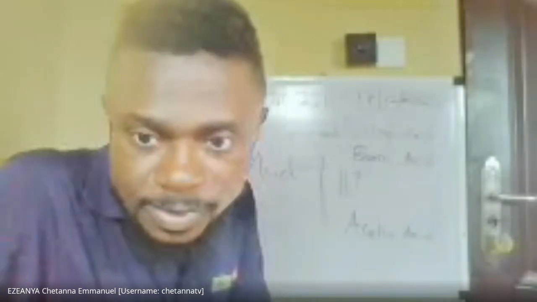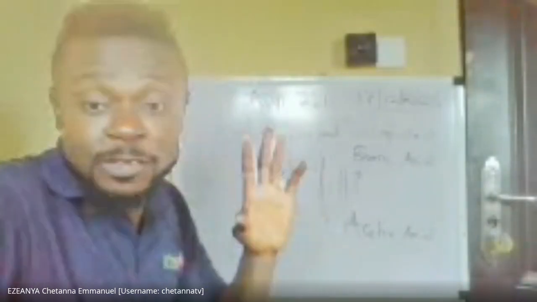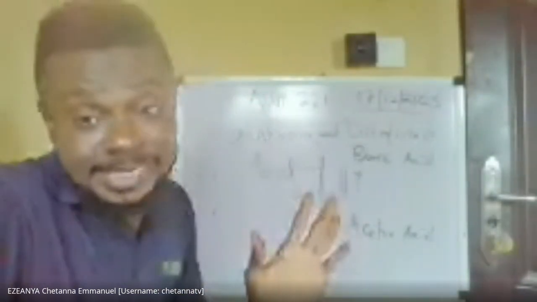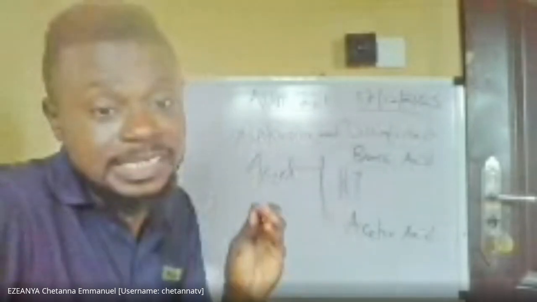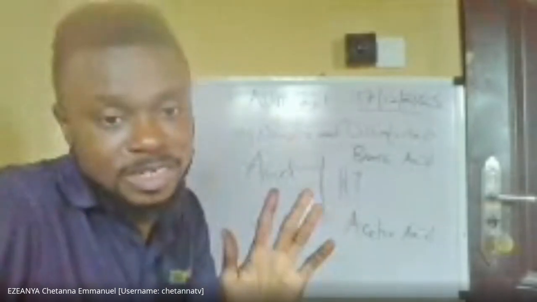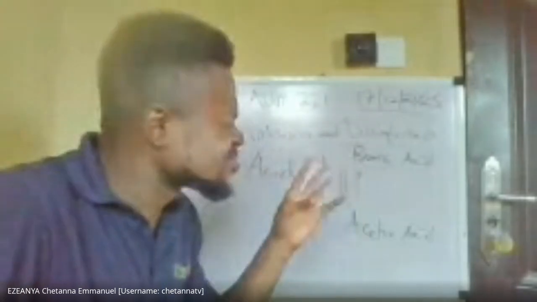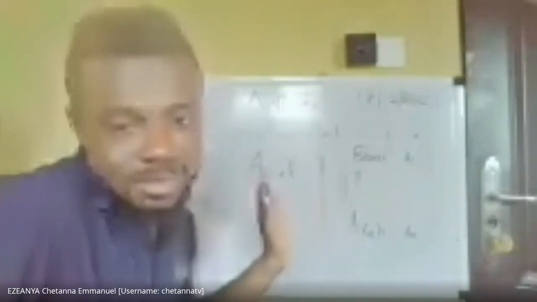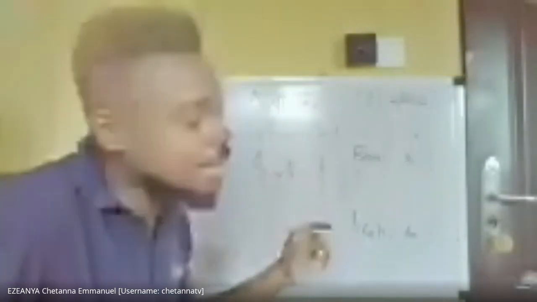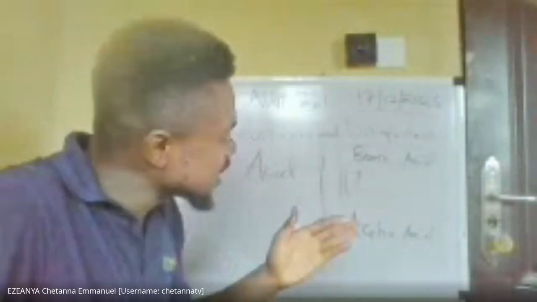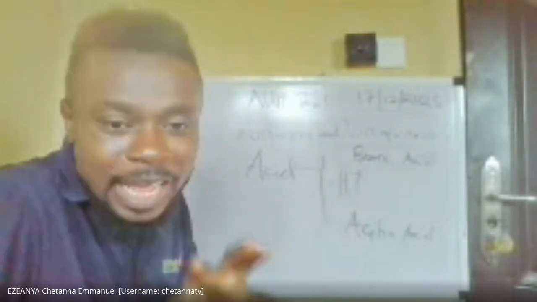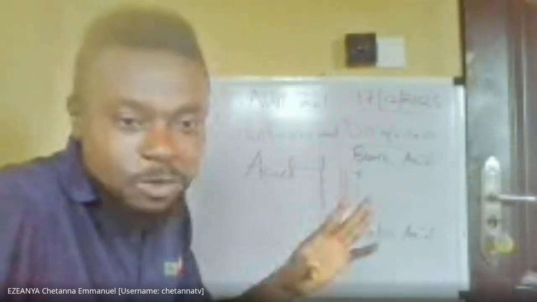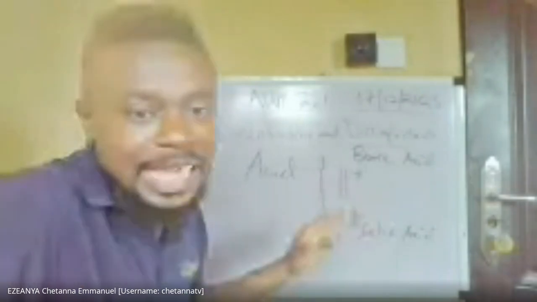So, strong inorganic acids are very corrosive. So that's why their use is limited. Most of the things we are using are either organic or weak ones. So we have things like boric acid.